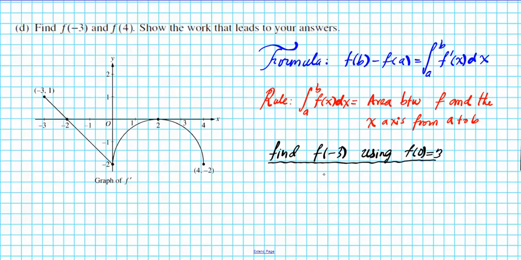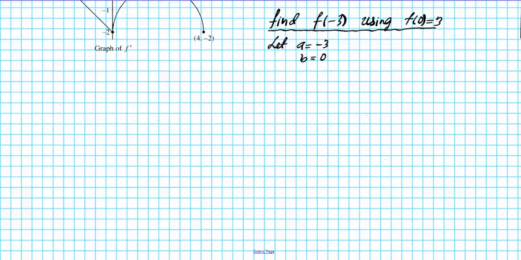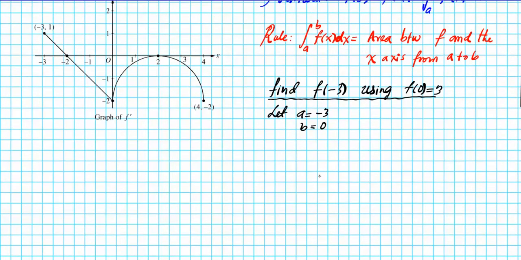So let's identify what a and b are. It's good practice to call the bigger input value b and the smaller one a. Or you could do reverse, but it's still the same thing. But I just want to stick with convention here. A is the smaller of the two, -3, and b is 0. So let's rewrite our fundamental theorem of calculus, part 1.